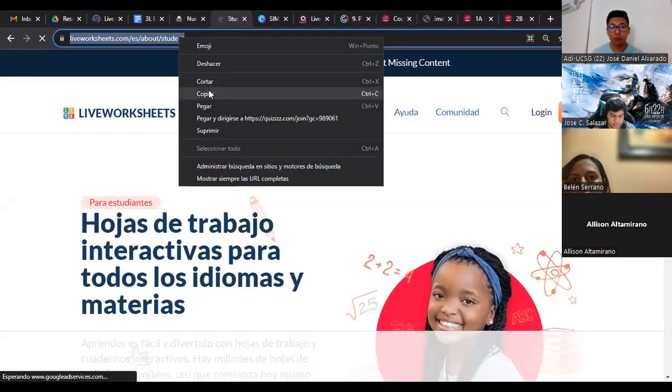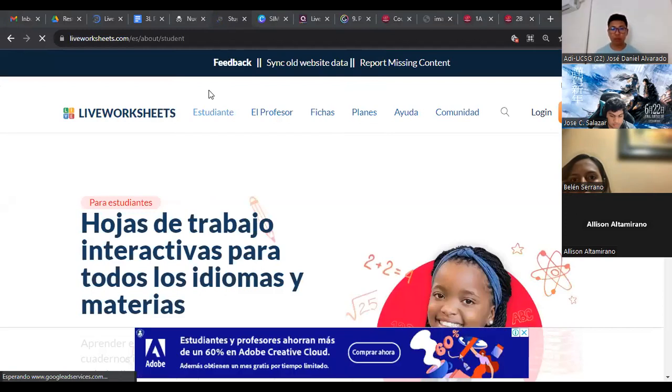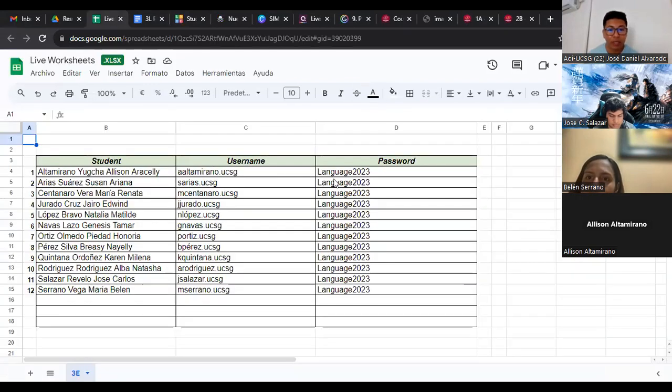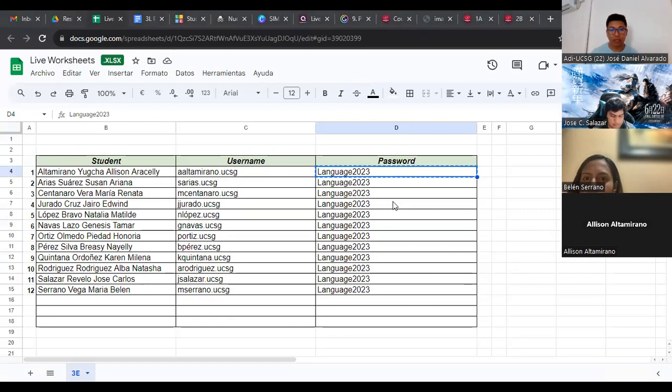Okay, guys, so you are going to log in to live worksheets with that link. Each student has a username and a password. The password is the same for everyone. And here are the users. This is the password. ¿Qué es lo que vamos a hacer?